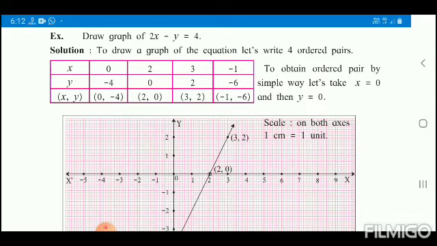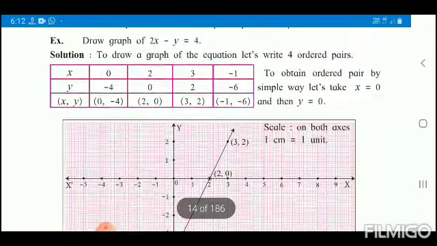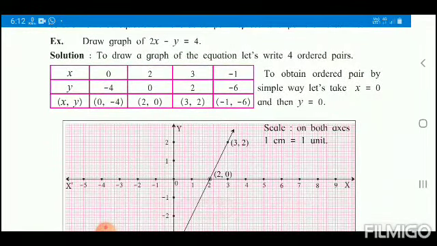So here the value of x is 0. Then the value of y will come negative 4. So the x and y coordinates are 0 and negative 4. If we take the value of x as 2, then y's value is 0, so the coordinates are 2, 0.